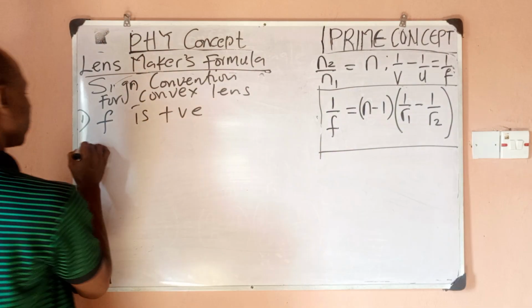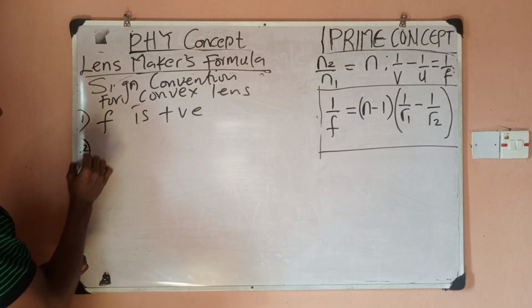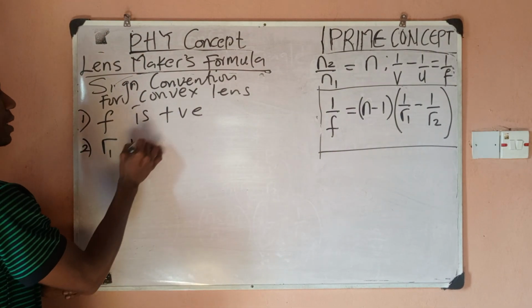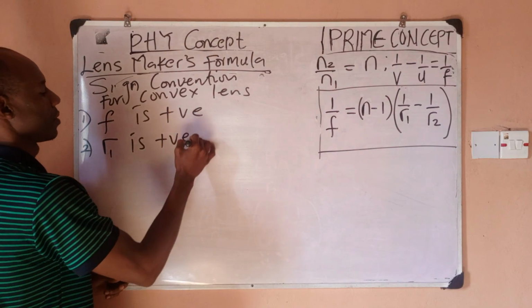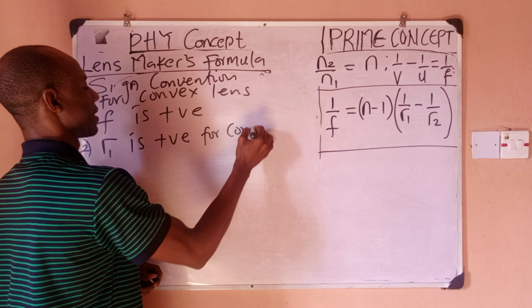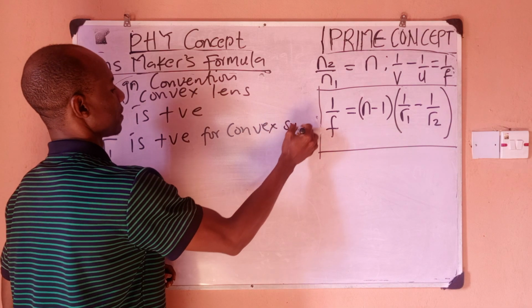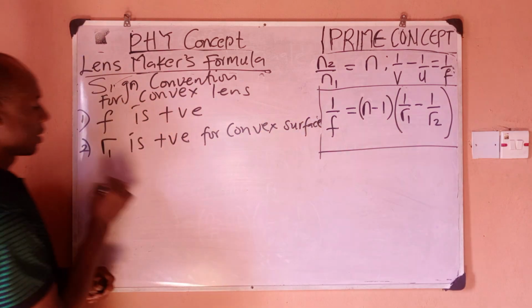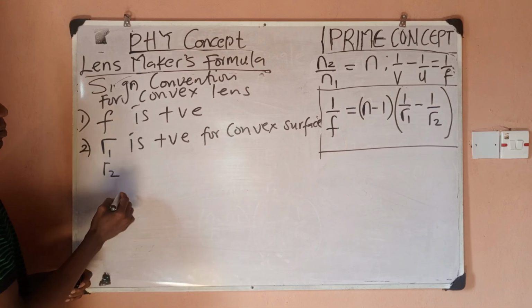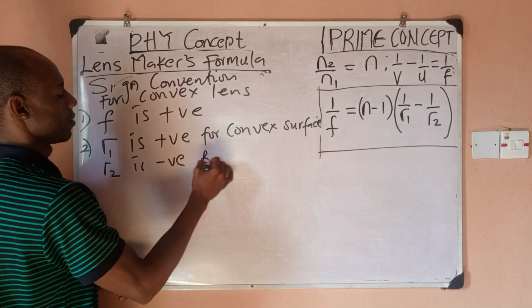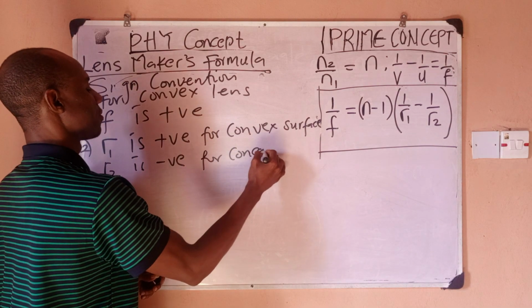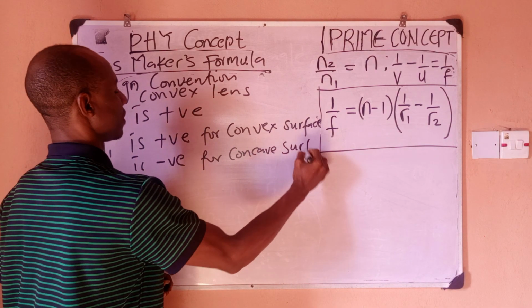Then the second convention you should note is that R1 is positive for a convex surface. Then R2 is negative for a concave surface, right?